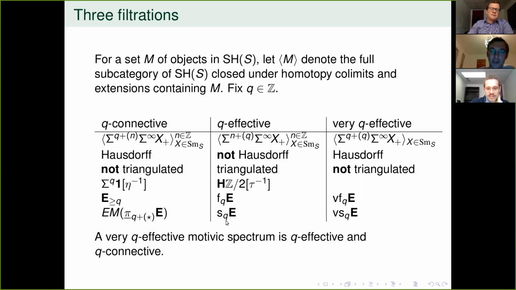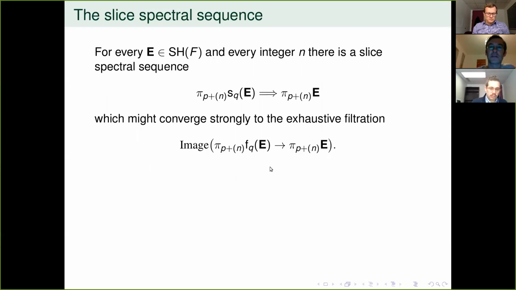There's some short notation for Voevodsky slices and Spitzweck's very effective slices. And for the homotopy t-structure, you can think of the slices as the Eilenberg-MacLane spectra with respect to the corresponding homotopy module. Okay, these are the filtrations, and this is then the setup.